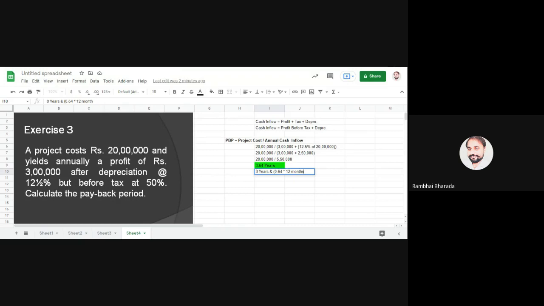Do the calculation. 7.68. It means approximately 7.5 months. So your answer, you can write like this.